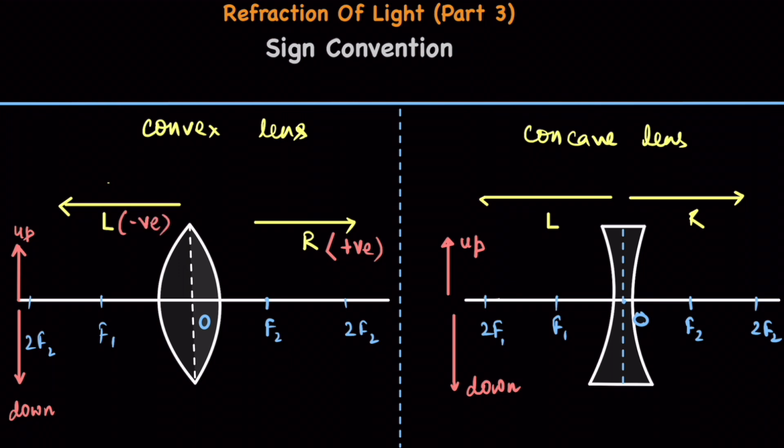Similarly, for the concave lens, right is positive and the left is negative. Up is considered as positive and down is considered as negative.